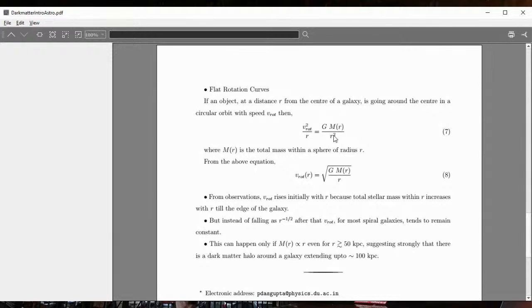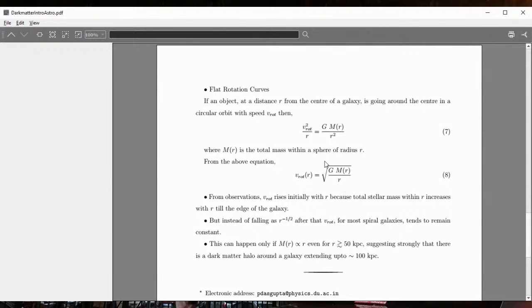And G M(r) by r square is nothing but the gravitational acceleration. So one of the r factors can be cancelled, so v rotation square is simply G M(r) by r, and therefore v rotation is simply the square root of G M(r) by r.